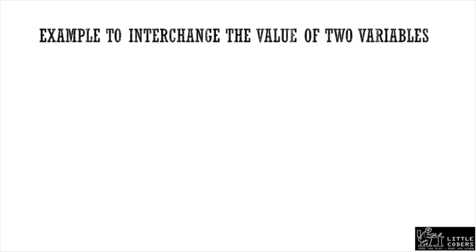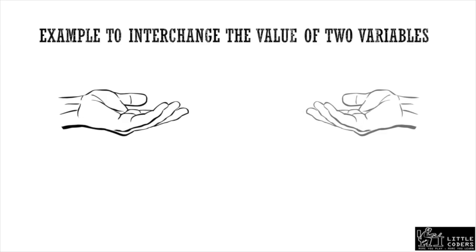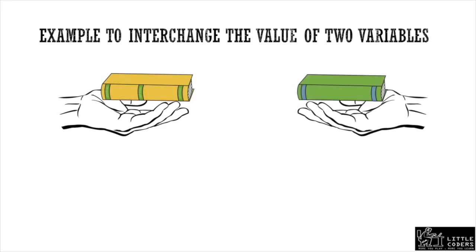Now this can be explained using an example. Suppose we are holding two books in our hands, one in each hand. We want to shift the book which is in the right hand to the left hand, and the one in the left hand to the right hand. What can be done?